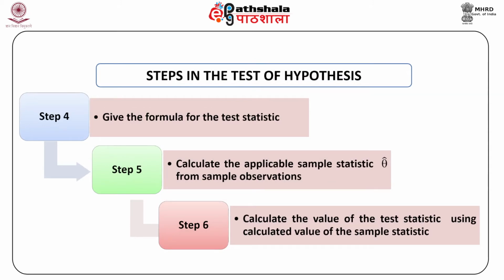Now give the formula for the test statistic. This is our fourth step, which could be a z test or a t test or a chi-square or an F test. The next step, fifth step, is to calculate the applicable sample statistic theta hat from sample observations, which could be denoted as x bar or x by n or s square, etc. The sixth step is to calculate the value of the test statistic, that is z, t, chi square, F, using the calculated value of the sample statistic.